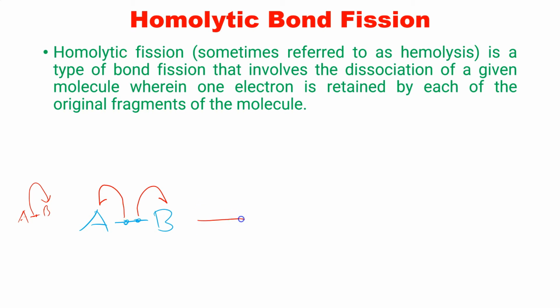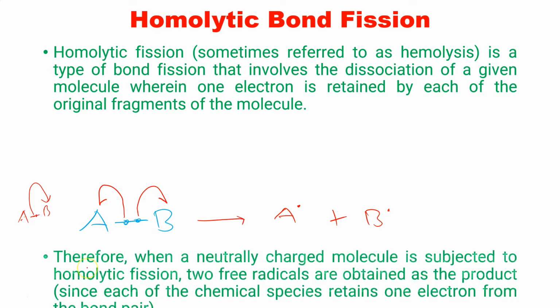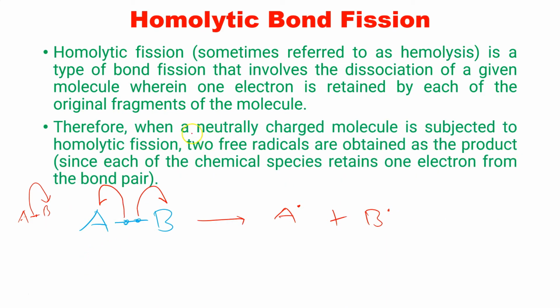Now once it dissociates, it will give A plus one electron, plus B with one electron. So one electron has been retained by each of the atoms. Therefore, when a neutrally charged molecule is subjected to homolytic fission, two free radicals are obtained.